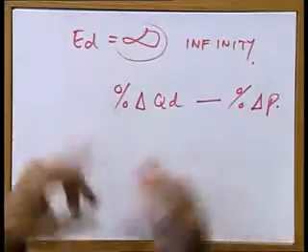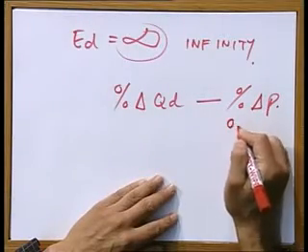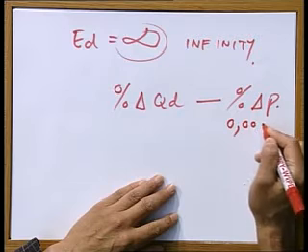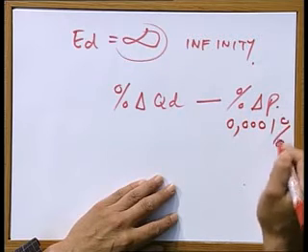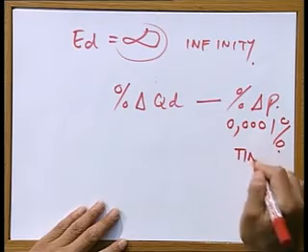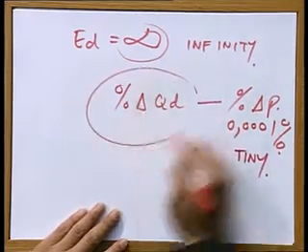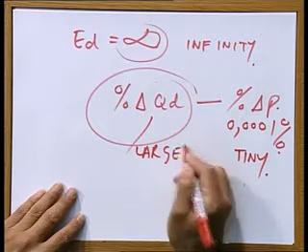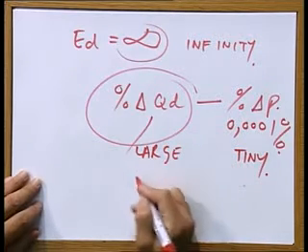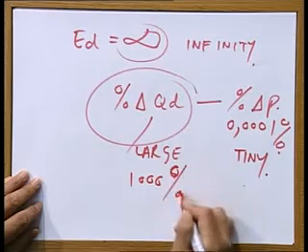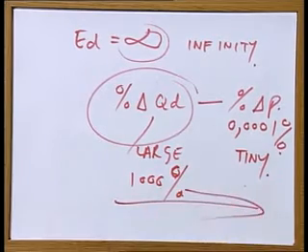So say, for example, in percentage terms, the price changed by 0.0001 percent. Okay? That is a very tiny change in the price. What will happen with the percentage change in the quantity demanded will be very large. It cannot be measured. It is infinite, right? It might be, say, 1,000 or 10,000 percent, and even more, which cannot be measured, it's infinite.